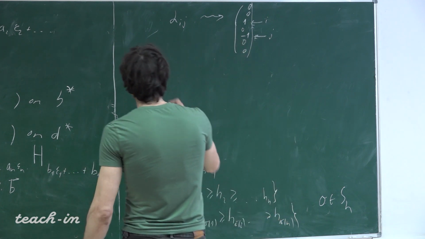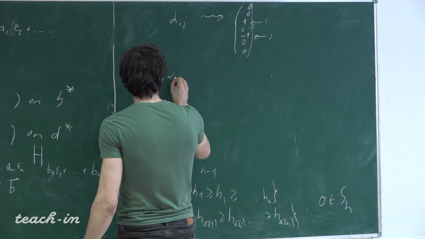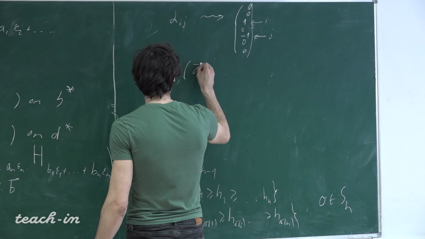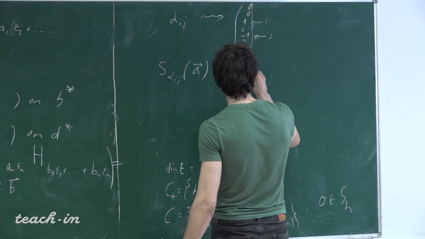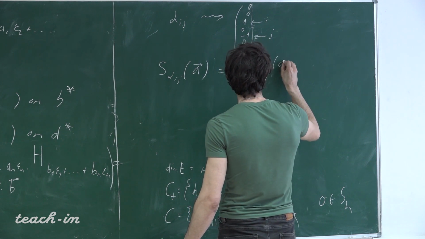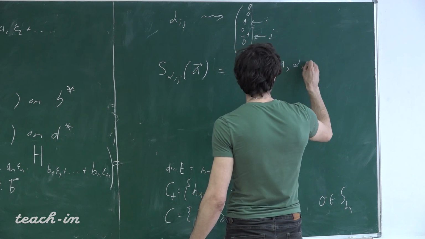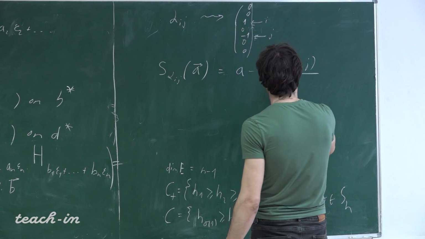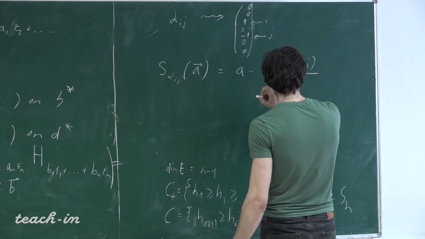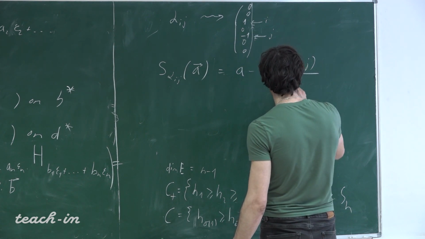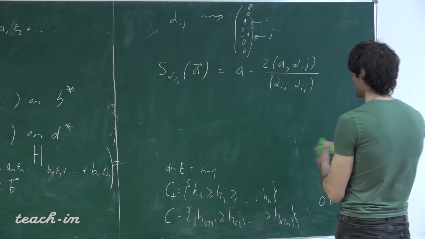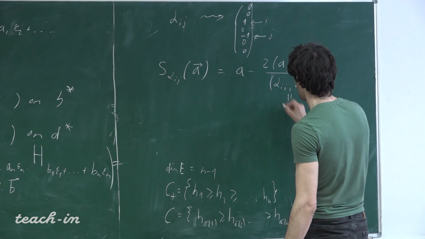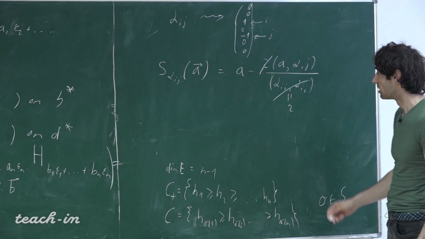So what I would like to do is take S alpha ij and apply it to some vector A. So by definition, it's A minus twice A alpha ij over alpha ij. So this is actually 2, right? So this cancels.